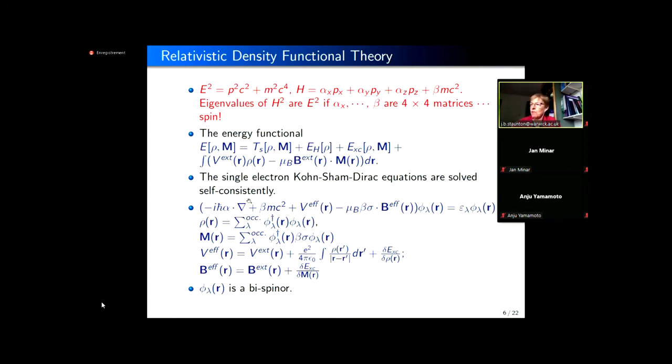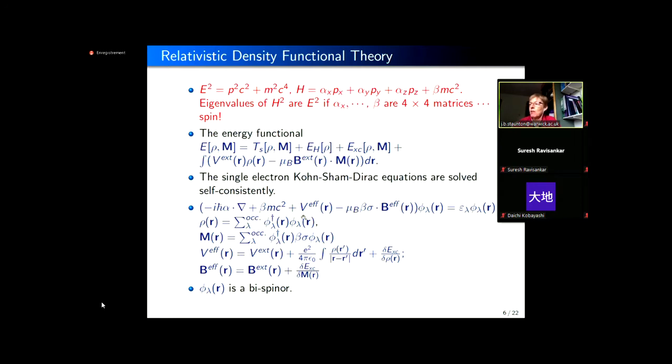So here's the form of the Dirac equation, and now we've got both a scalar potential part and also a piece that's describing the magnetic component, at least that's coupling to the spin part of the current. And so one has this self-consistent loop to carry out.